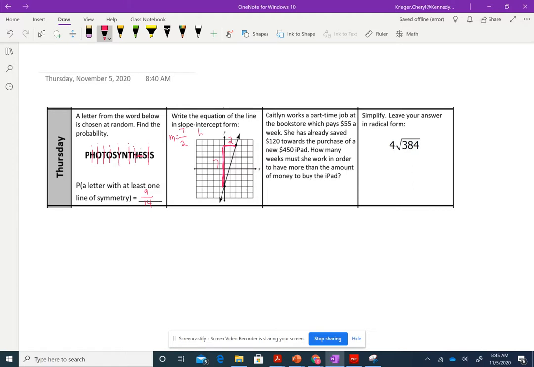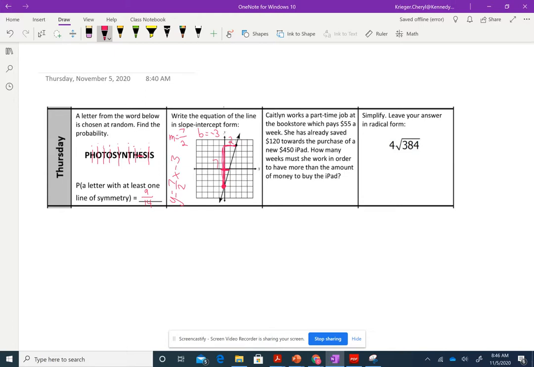And then my y-intercept, my b, is where my function crosses the y-axis. So down here, if this is my origin, I have 1, 2, 3 spots below the origin. That's -3. So this is y equals 7/2 x minus 3.